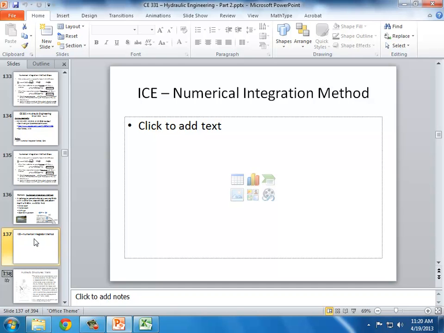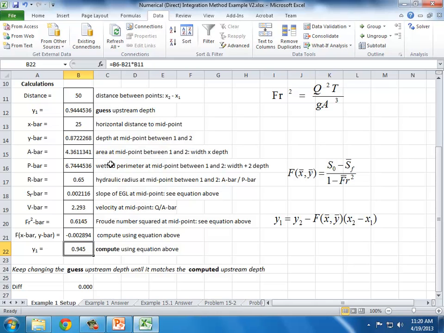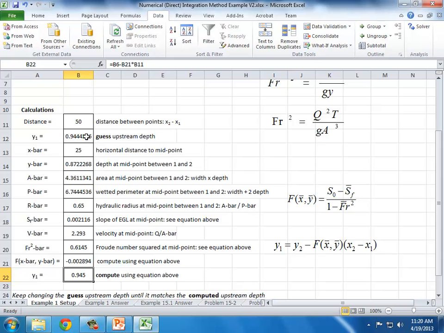And so that's going to be a little different from what I just showed you, because in part A of this in-class exercise, the two depths are already known. Both y2 and y1 are known, but what we're trying to find out is what distance is going to cause this spreadsheet to converge. So in this in-class exercise, rather than trying to find the unknown depth, you're going to be solving for the unknown length.